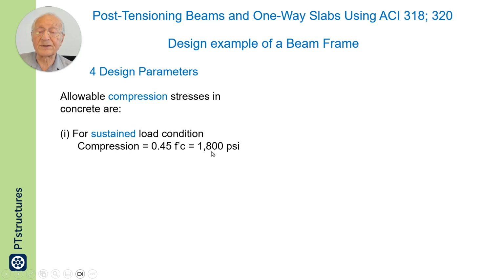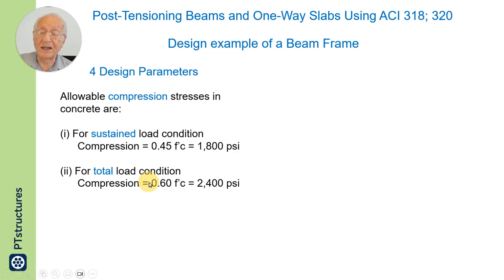Its permissible value is this. Then you have the total load condition. That is the live load that is used in design. It may be on the member occasionally, for which the member is designed. The stress is higher because it is not always there.